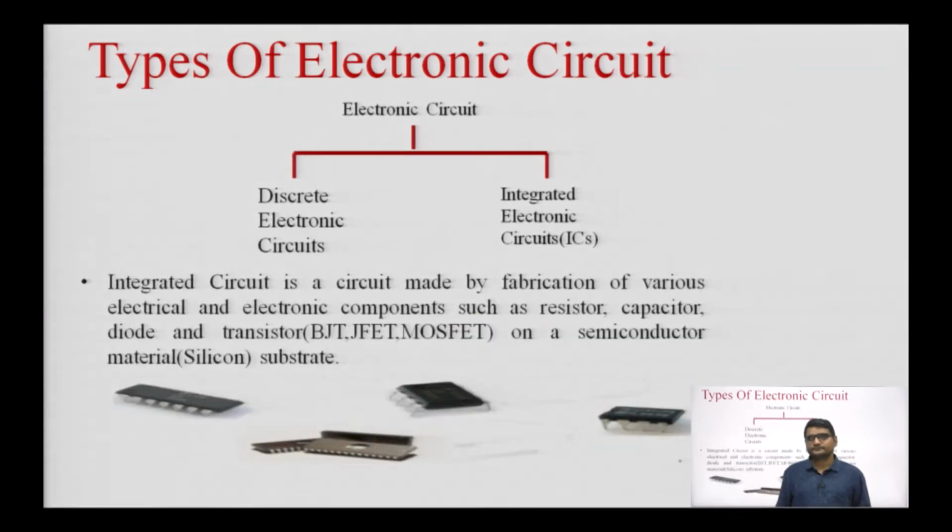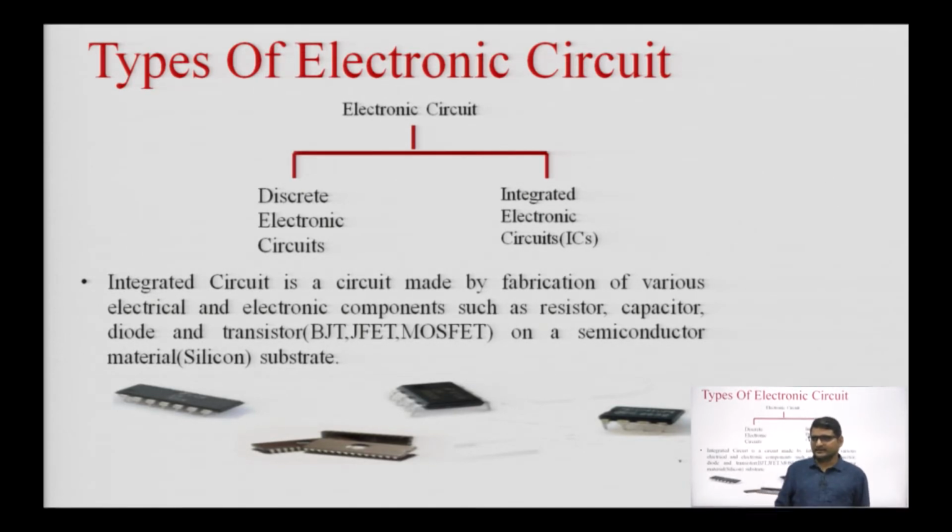The second one is the IC. The integrated circuit is the most specific part of modern electronics. How can we define the integrated circuit?